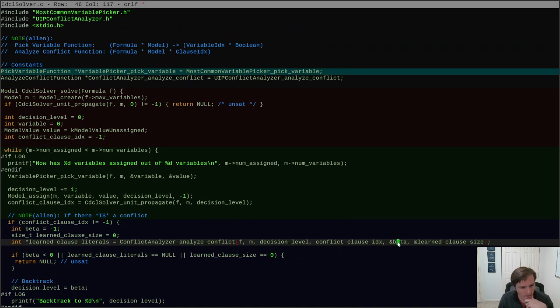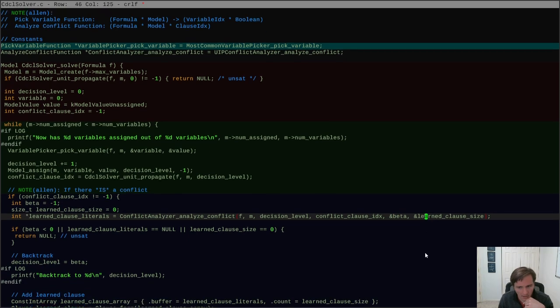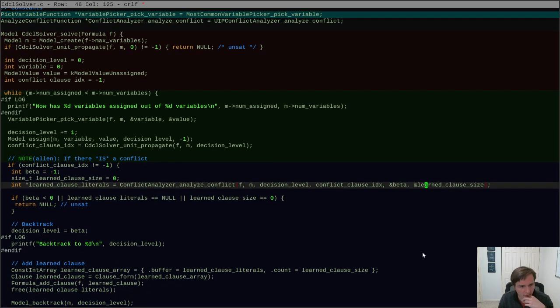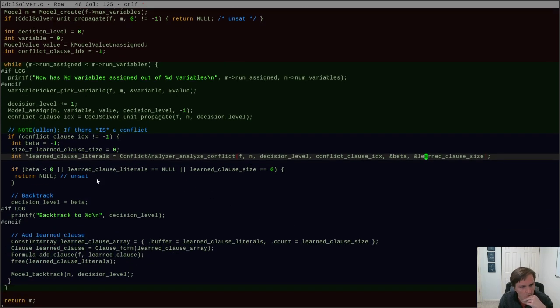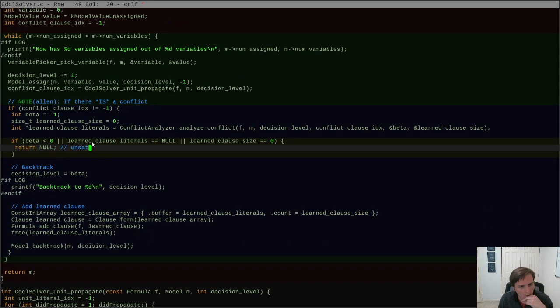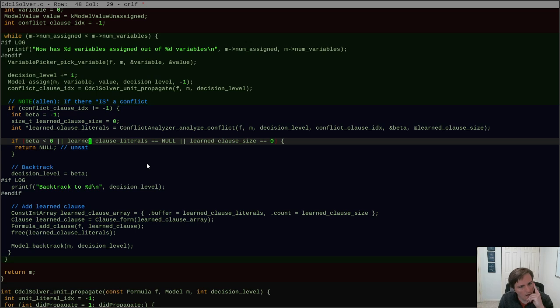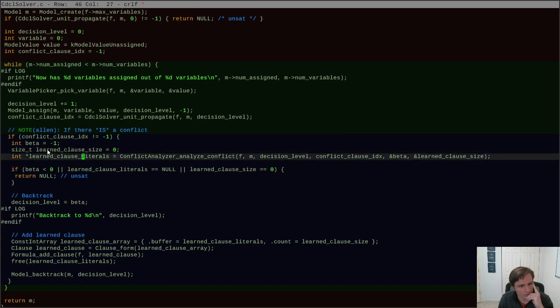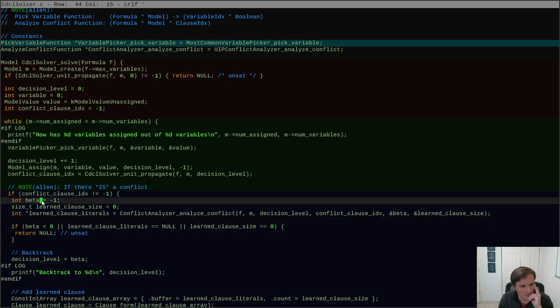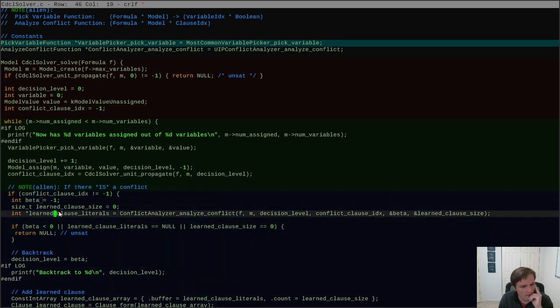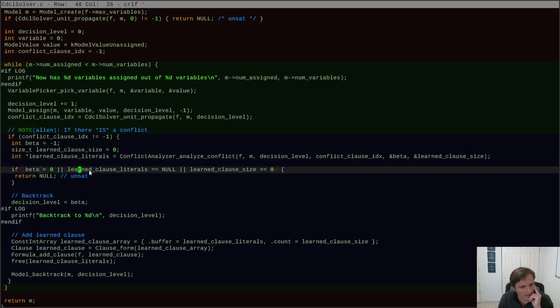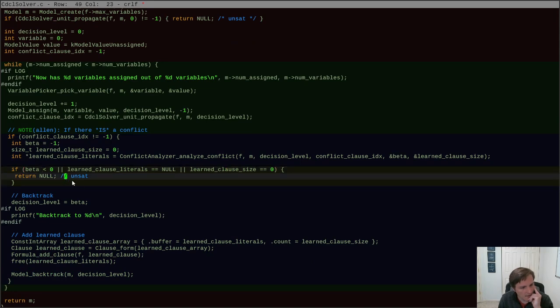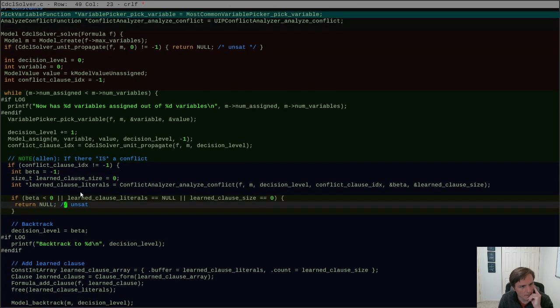And what's coming back is a beta, a learned clause size, and a learned clause literals. I don't know what any of these things mean. So these are the three things I need to figure out. If they come back in a bad state, then the whole thing is unsatisfiable.